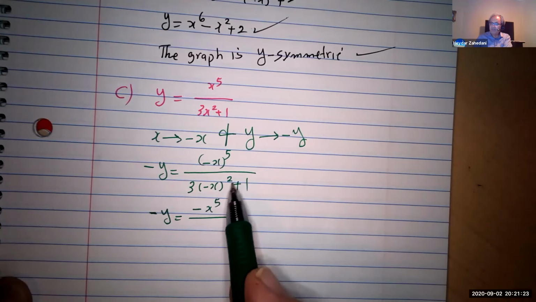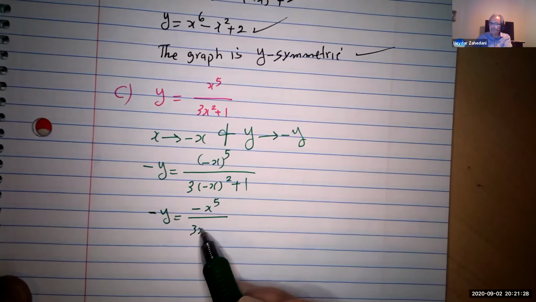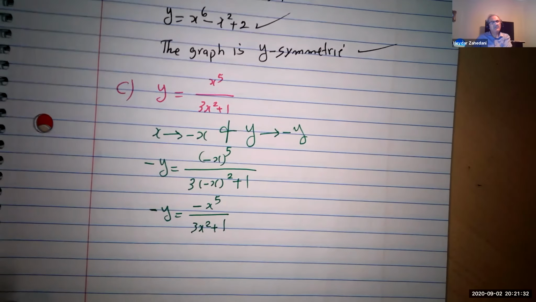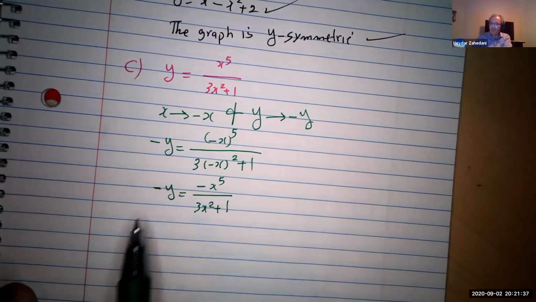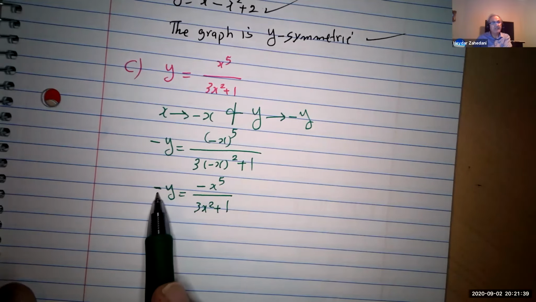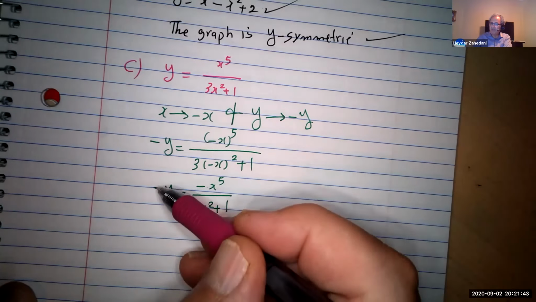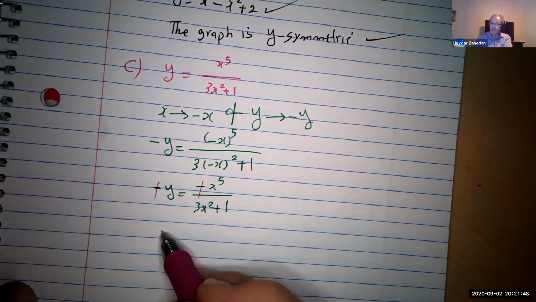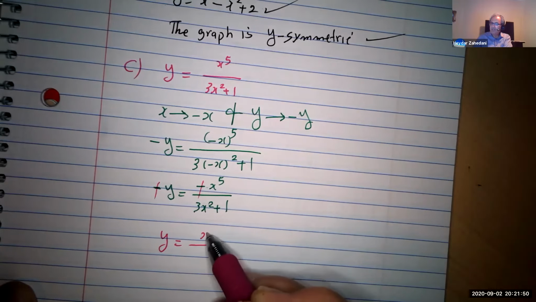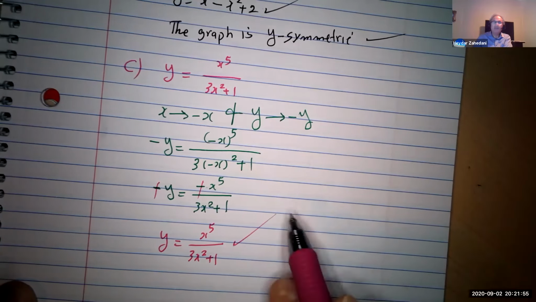Down the bottom, negative x squared would be positive x squared, so that gives 3x squared plus 1. You have to solve for y. To solve for y, you just divide by the negative sign. Negative, negative gives positive, positive. So that gives you y equal to x to the fifth over 3x squared plus 1.